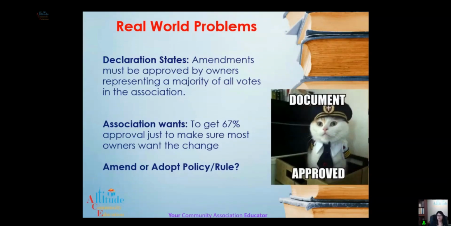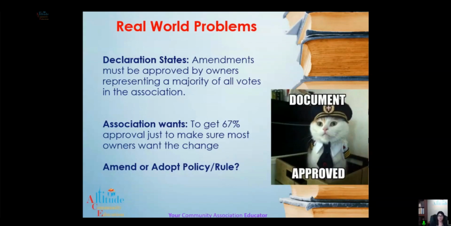So if you want to change what the homeowner approval requirement is, you can do that with an amendment, but you have to get what's required now before this new amendment requirement kicks in. Hopefully that makes sense. So you don't get to be more restrictive, as we said earlier. You don't get to be more restrictive than what your declaration says.